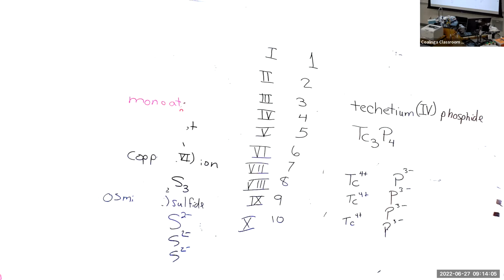What do you think monoatomic means? One atomic. So it means one. We also have what we call polyatomic ions.